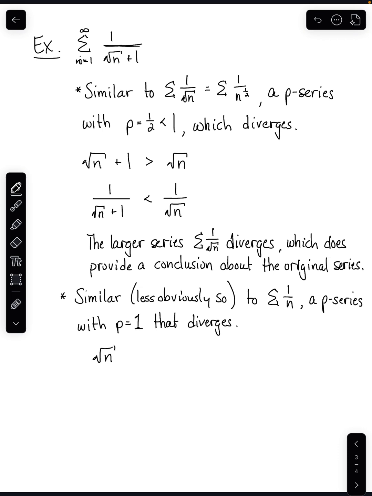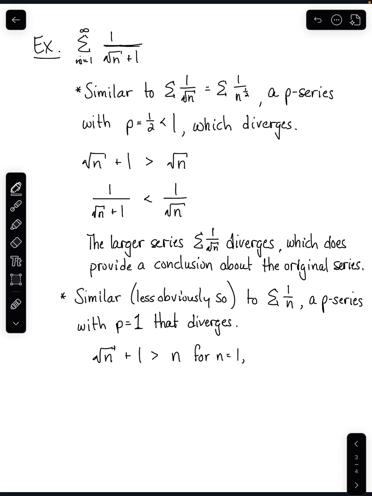So what we now need to do is, again, look at the square root of n plus 1 compared to just n. Now, at very small values, the square root of n plus 1 is actually larger. When n equals 1, the square root of 1 plus 1 is 2, which is larger.